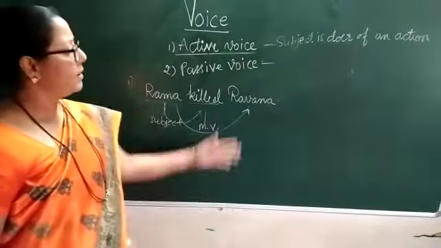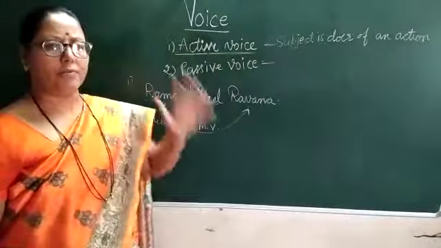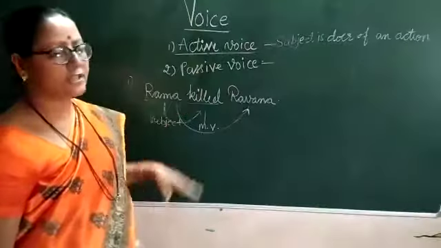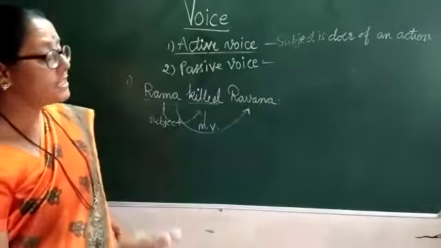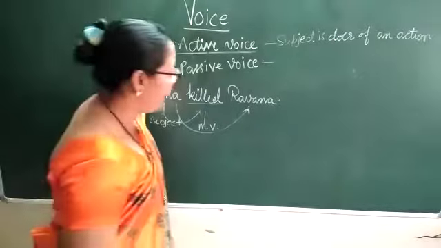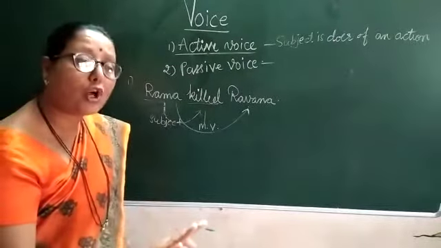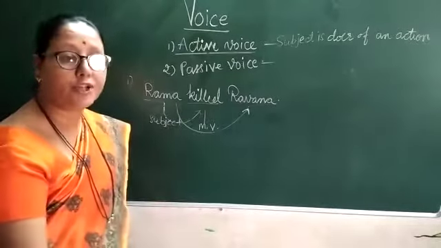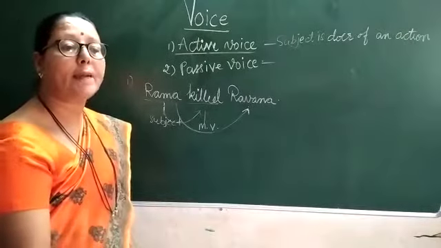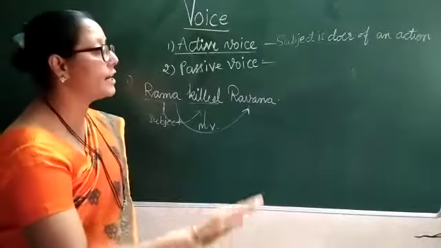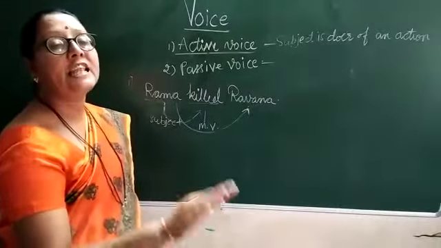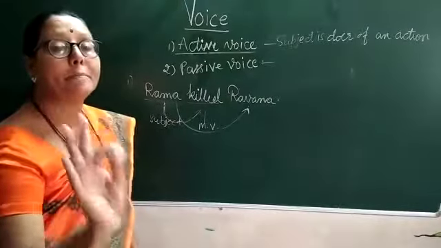See, subject is the doer of an action. You can imagine now how it is opposite. See here, what is passive voice now? When something happened to the object by the subject, we may say the sentence is in passive voice.